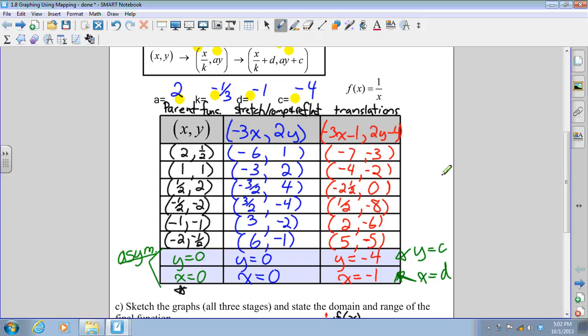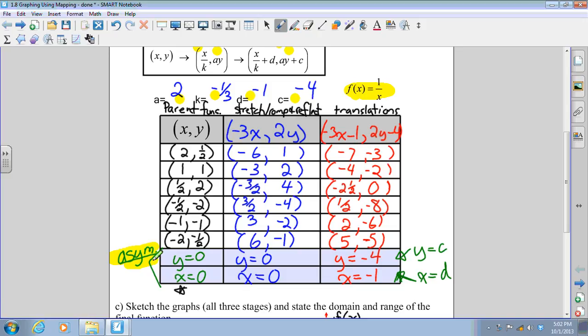One thing to make note of, folks: when we know our parent function, which is y equals 1 over x, or f of x equals 1 over x, there are 2 things that are really important, and these are our asymptotes. So we're going to include them in our graph, because it's going to help us decide how to draw our graph.